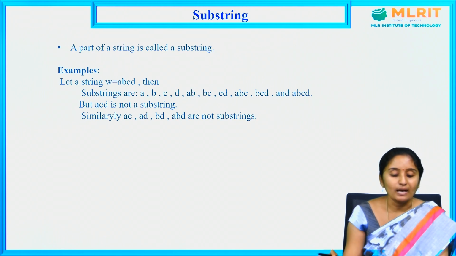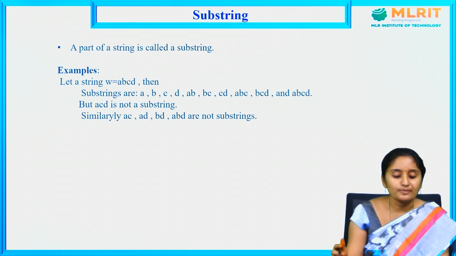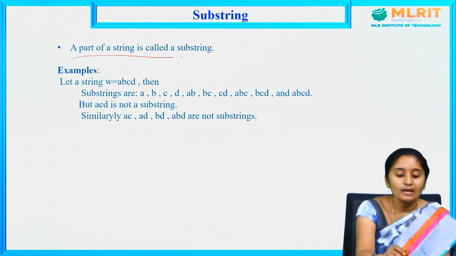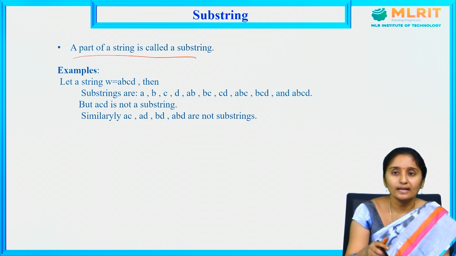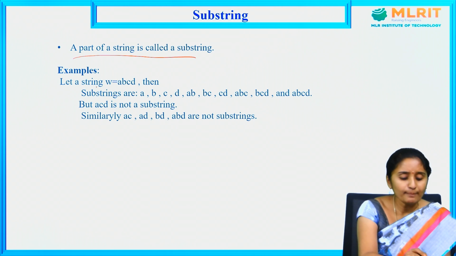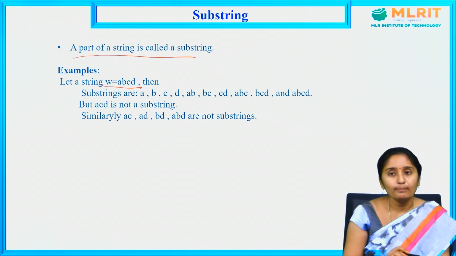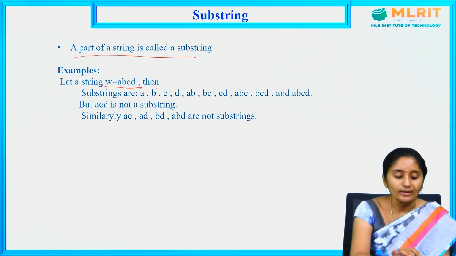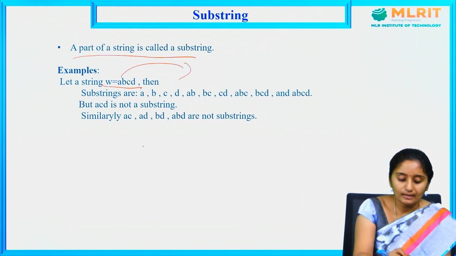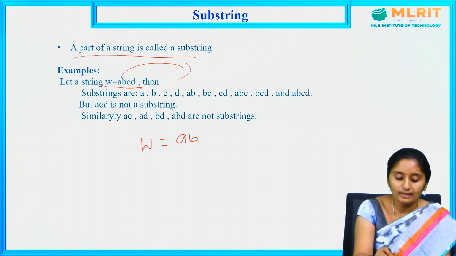The next one is substring. What is a substring? We have a string, and from that string we take some part of it. That is nothing but a substring. For example, W equal to ABCD is a string. What are the substrings that are present?